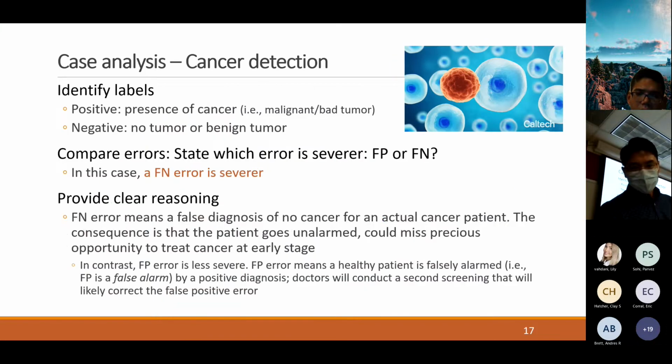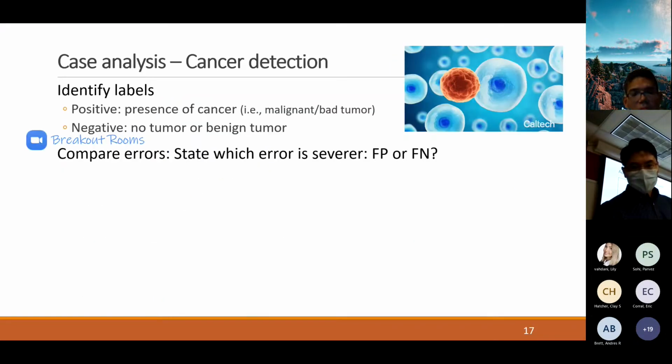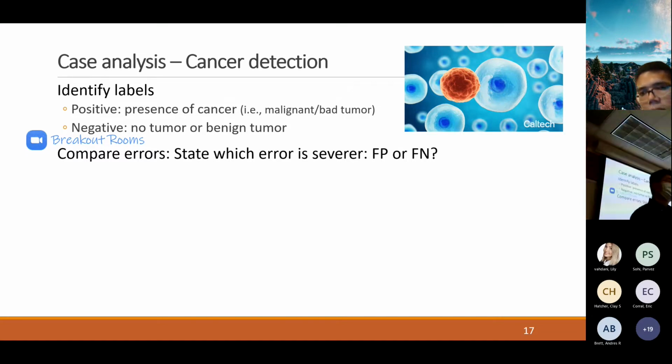So let's go through a round of exercise here, sort of case analysis, which happens to be cancer detection again, because this example is very typical. We say the positive outcome would be cancer detection, cancer onset.